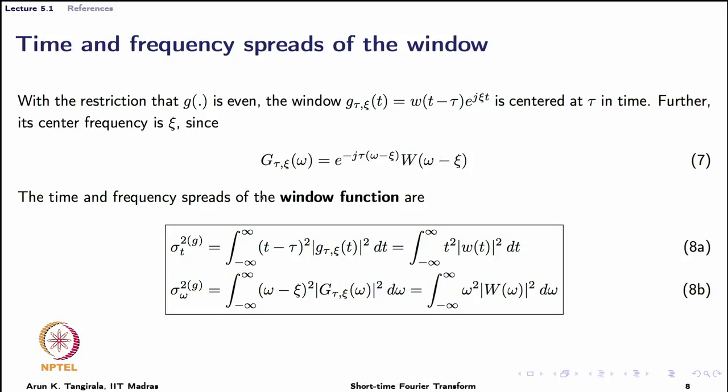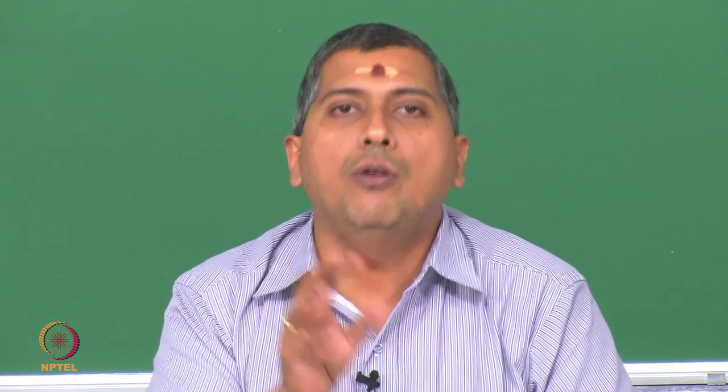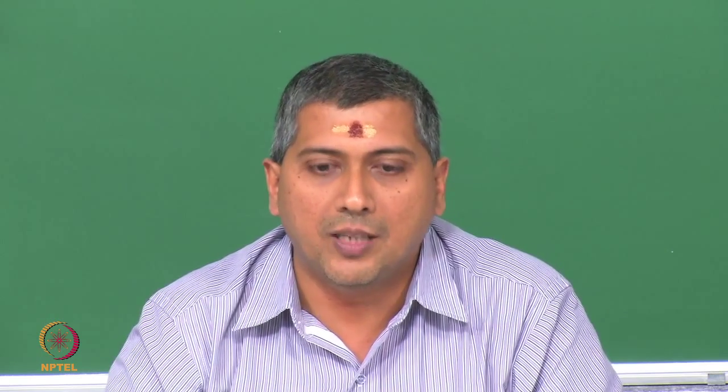Therefore, now I can compute the time and frequency spreads of the window function. Why do I want to compute the time and frequency spreads? Because the role of this window function is to get us the local features of the signal in time and frequency. Now, I want to know what is meant by local. Local is a very qualitative term. For a given choice of window function, I want to see what is the neighborhood of the window function in the time and frequency plane.